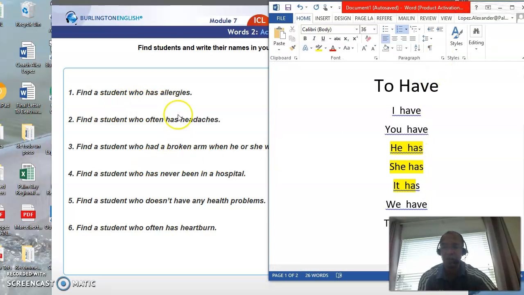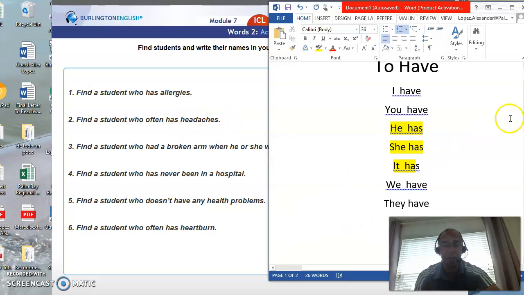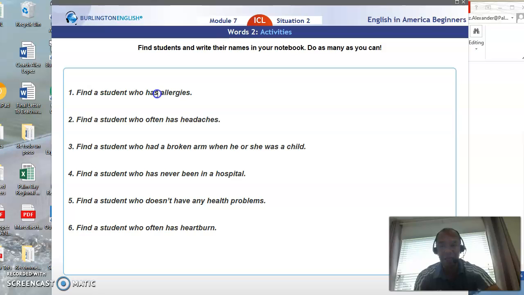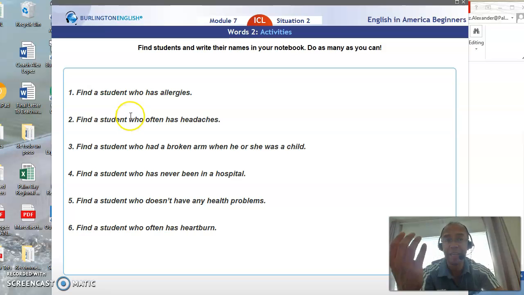So let's go over some of these questions together. It's asking you to find a student who has allergies. Now, for your case, find not a student, but a family member or a friend that you know that has allergies. In this sentence, has is used because you're talking about one person. Remember, if you're talking about a singular person or a singular thing, he, she, or it, you will use the form has.